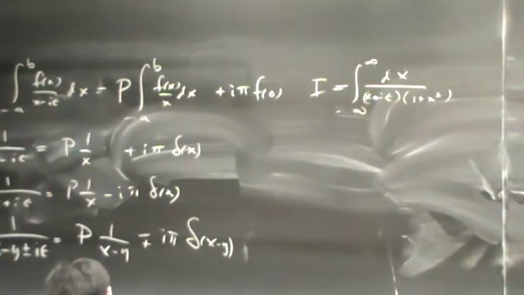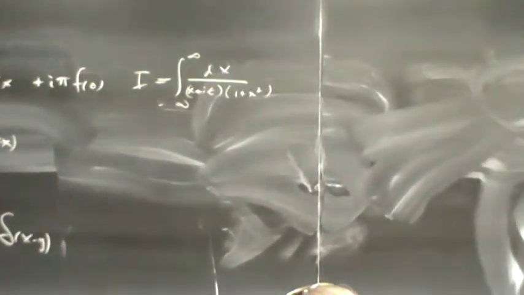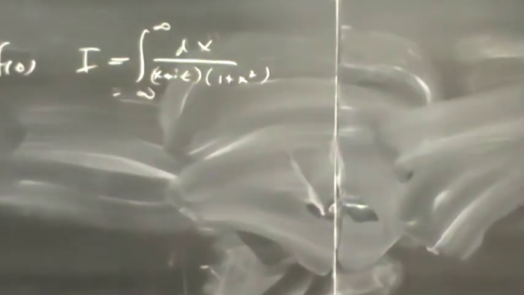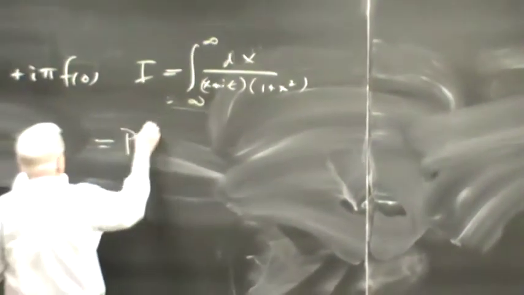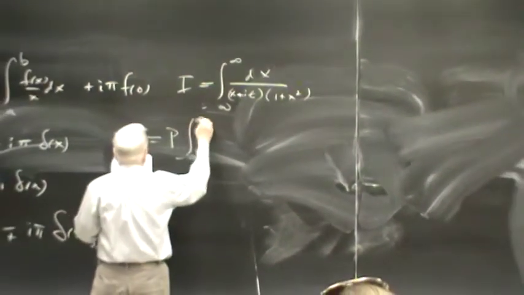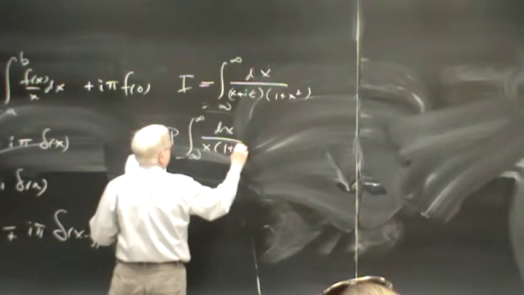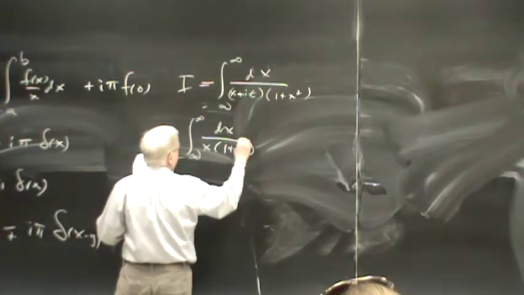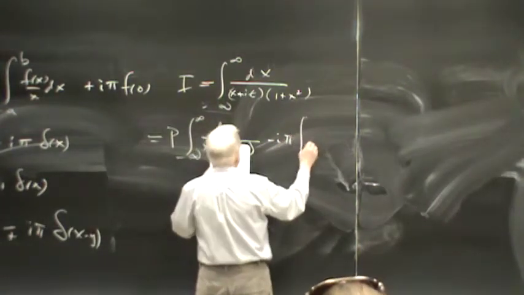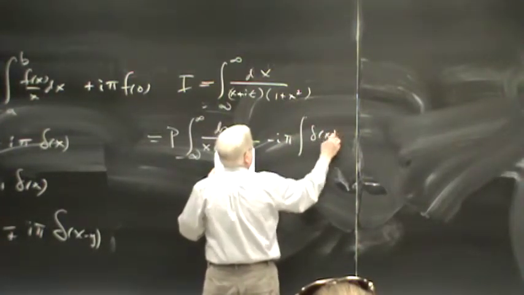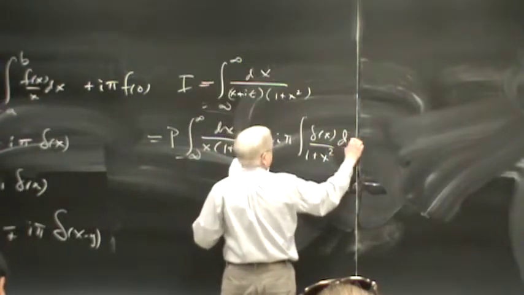Well, this is the principal part of this integral, and then minus i pi times the integral of delta of x over 1 plus x squared dx.